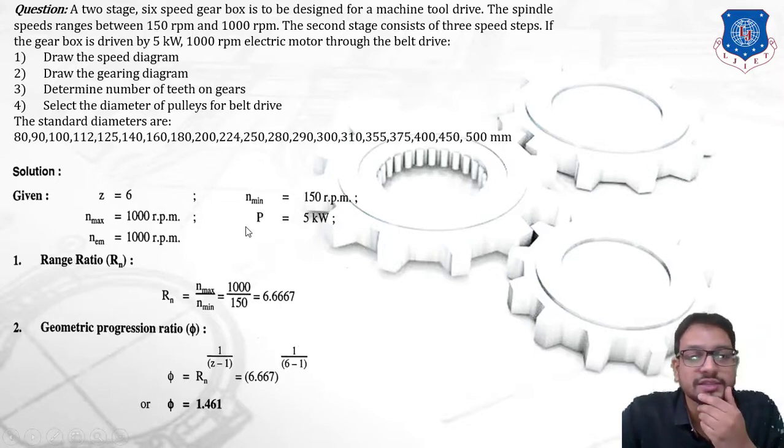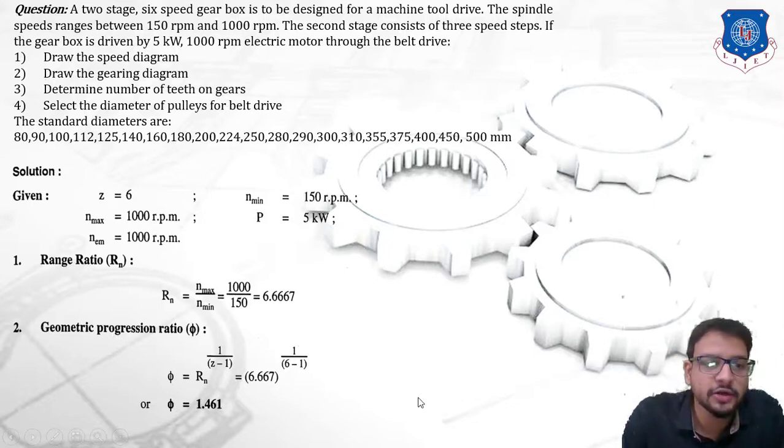Since we know the steps to design a multi-speed gearbox, the first step is to determine the range ratio, that is Rn. We know the formula for the range ratio: it is equal to Nmax by Nmin. So we have determined the range, that is 6.667. Next we need to determine the geometric progression ratio, that is phi.